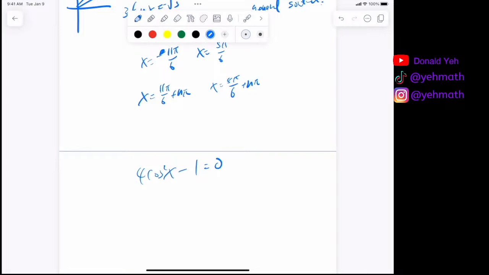Anybody know Marcos Pizarro? He's a funny guy. What? Cosine squared x minus 1 equals 0. The thing he messed up is not even trigonometry. He messed up algebra 1.